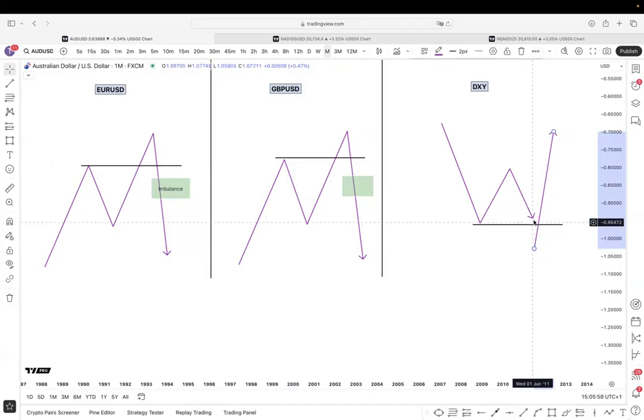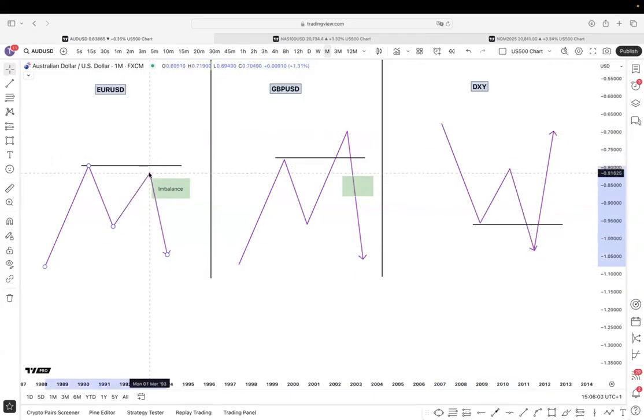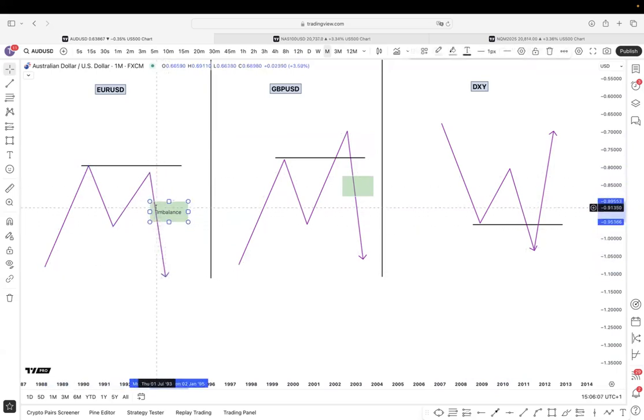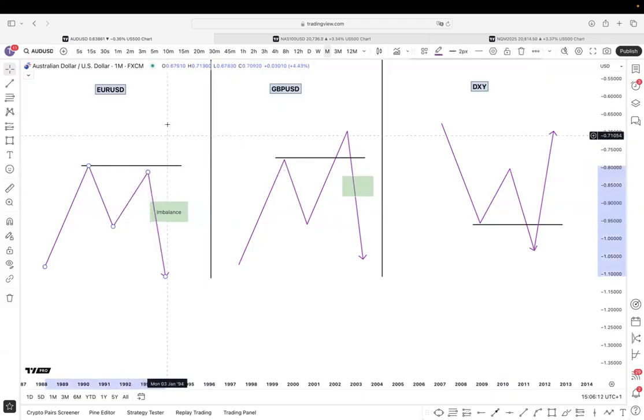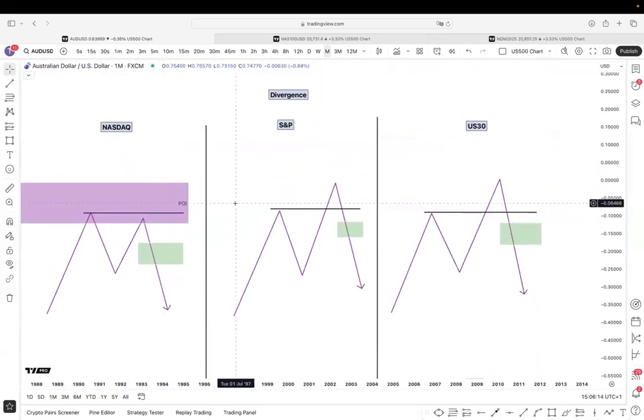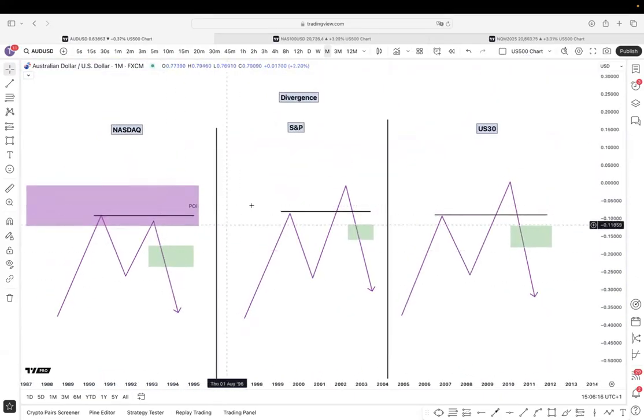Likewise, if on the DXY we swept the high, but on euro we didn't, again, you would have an entry, but you'd still be taking the entry on euro. Now, let's say we've got three perfect entries in play, the highest probable move would be the pair which has not swept the high.